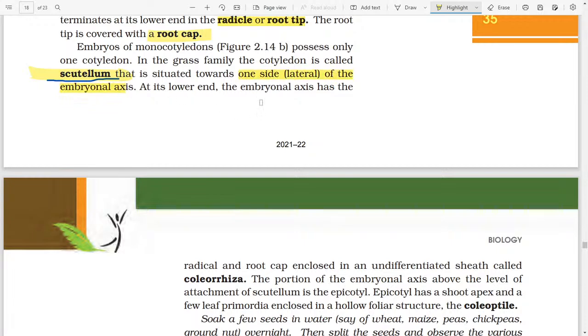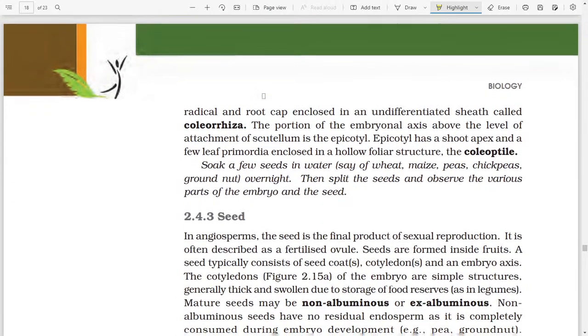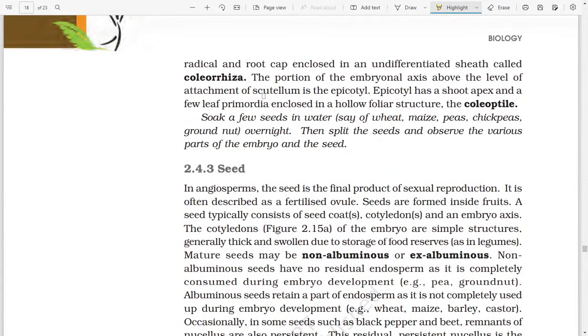At its lower end, the embryonal axis has the radicle and root cap enclosed in an undifferentiated sheath called the coleorhiza. The portion of the embryonal axis above the level of attachment of the scutellum is the epicotyl. The epicotyl has a shoot apex and a few leaf primordia enclosed in a hollow foliar structure known as the coleoptile.